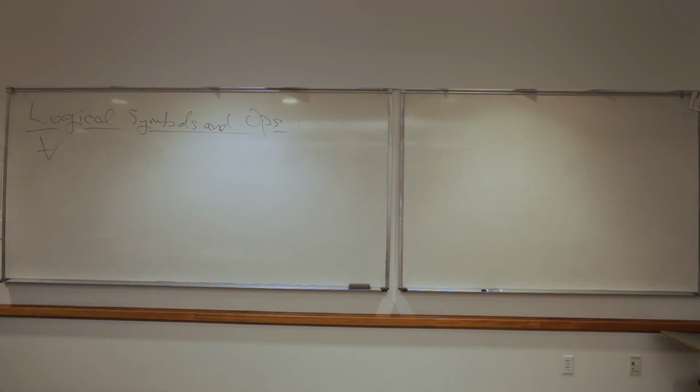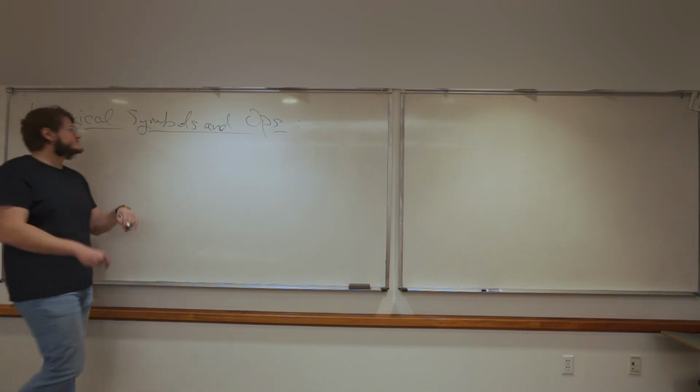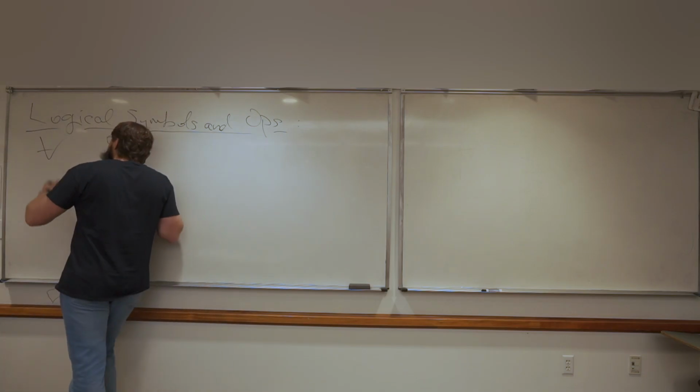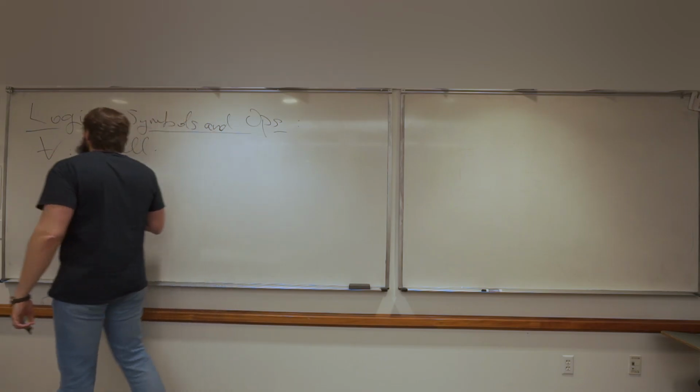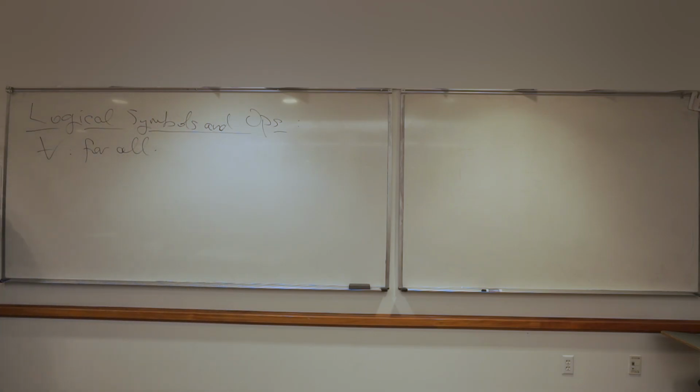Okay, so you have this upside down A. That stands for all. For now, let's just take these as symbols. Technically they are called logical quantifiers. This is the universal quantifier.